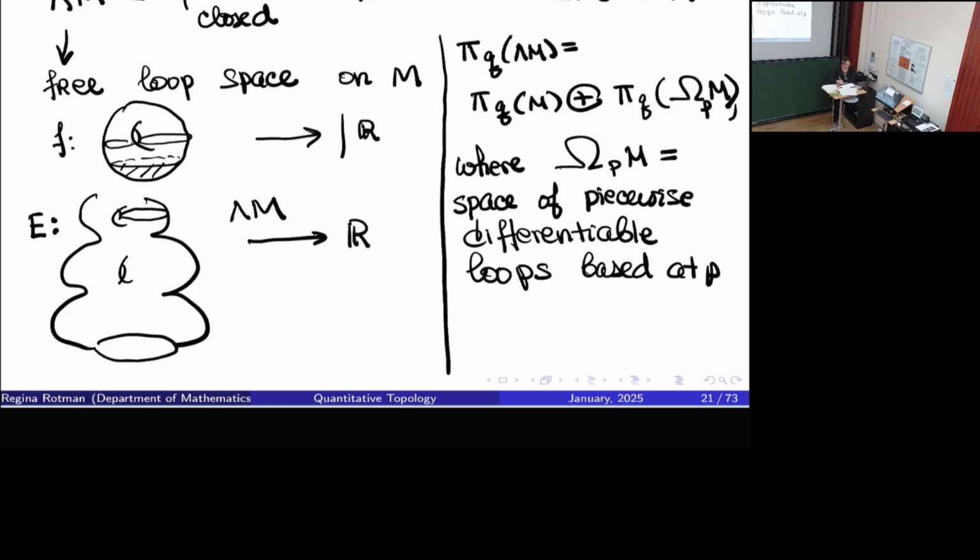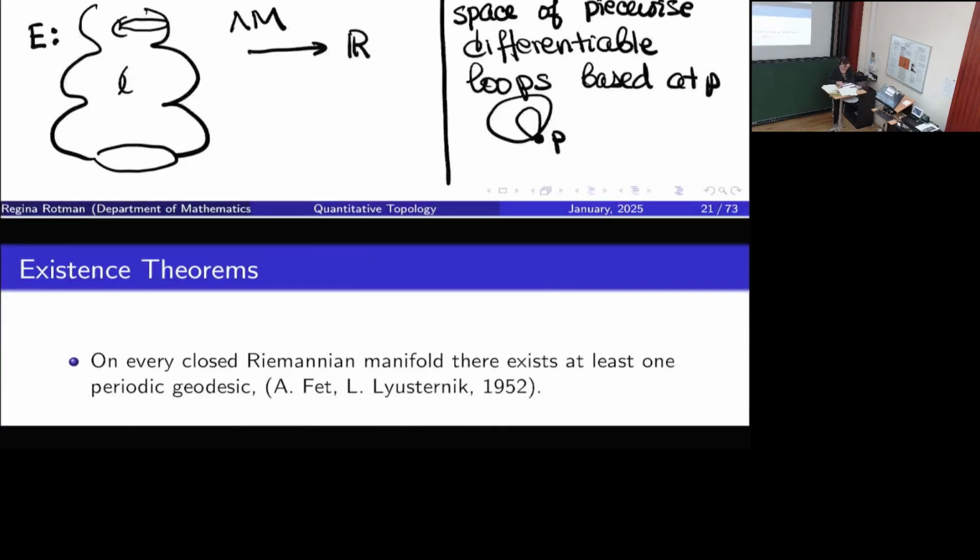So I fix a point on M, and I look at all the piecewise differentiable loops that are based at that point.